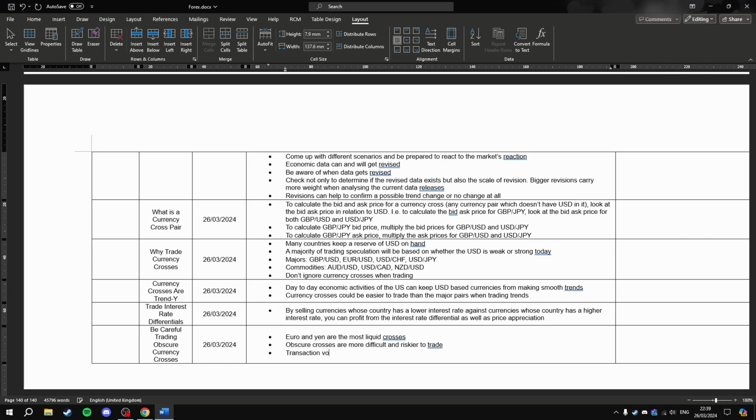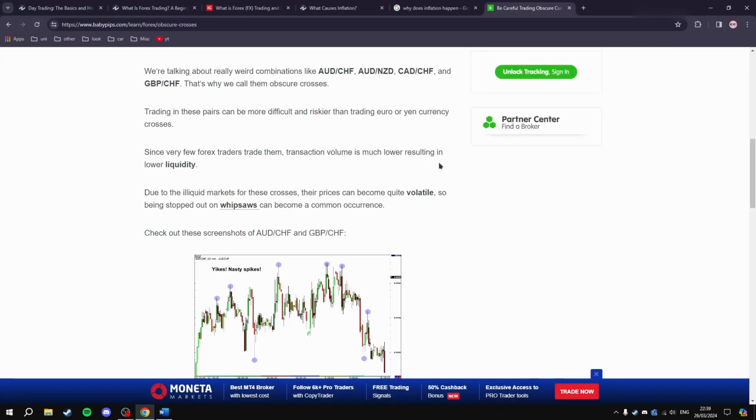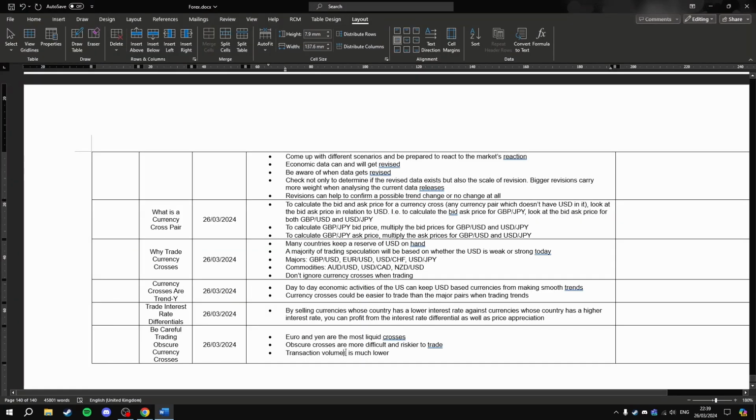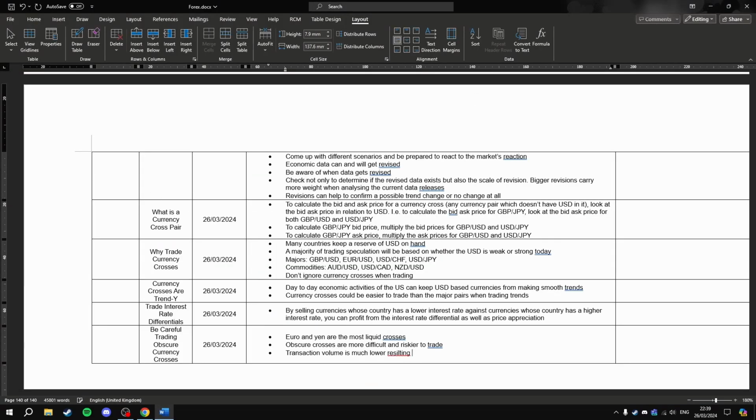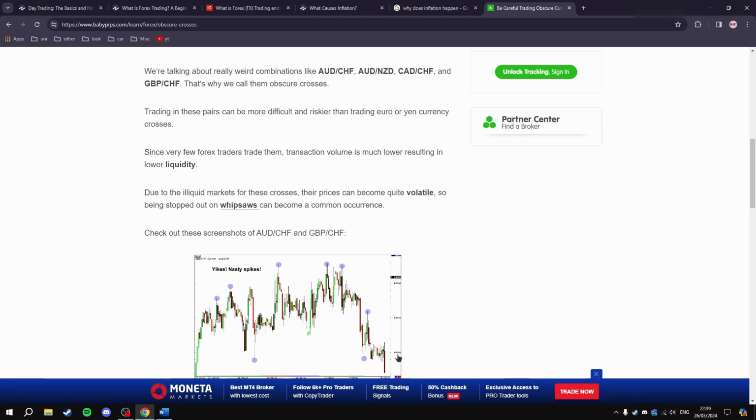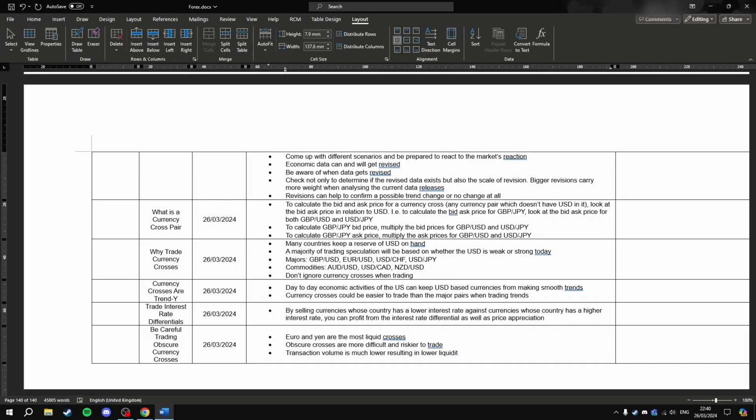Transaction volume is much lower, resulting in lower liquidity, meaning their prices can become quite volatile.